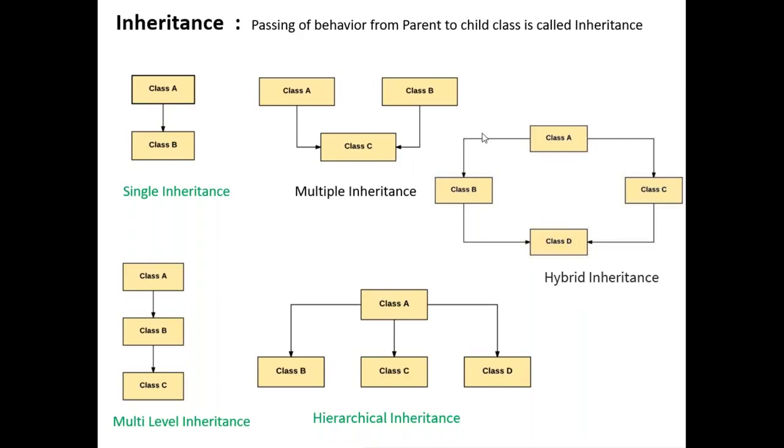Class A is a parent with two children, B and C. Again, B and C are parents controlling a child D. Clear? Now, diagram over.